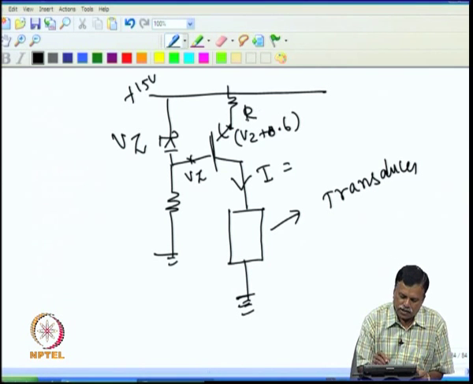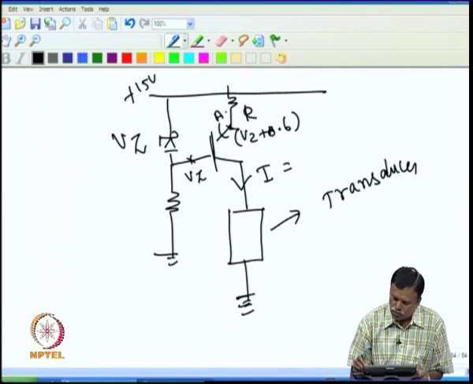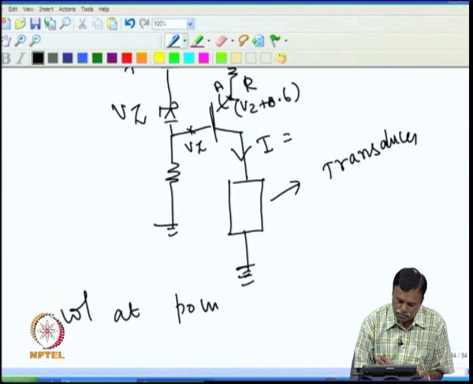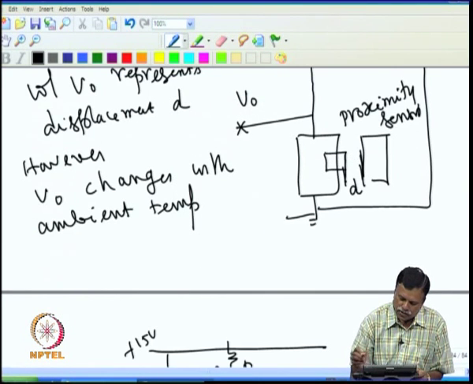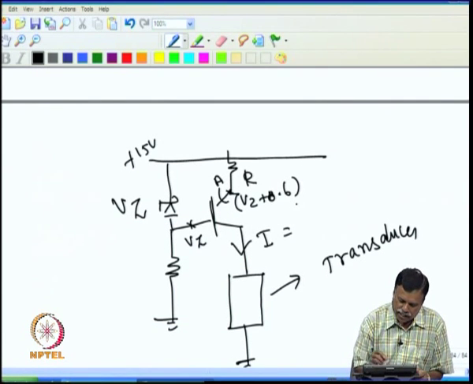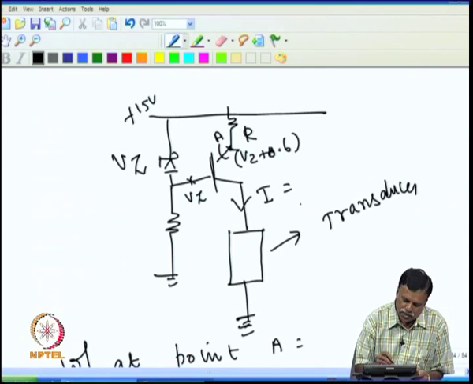I call this point A, and this point B. The Zener voltage, assume this is 5 volt.